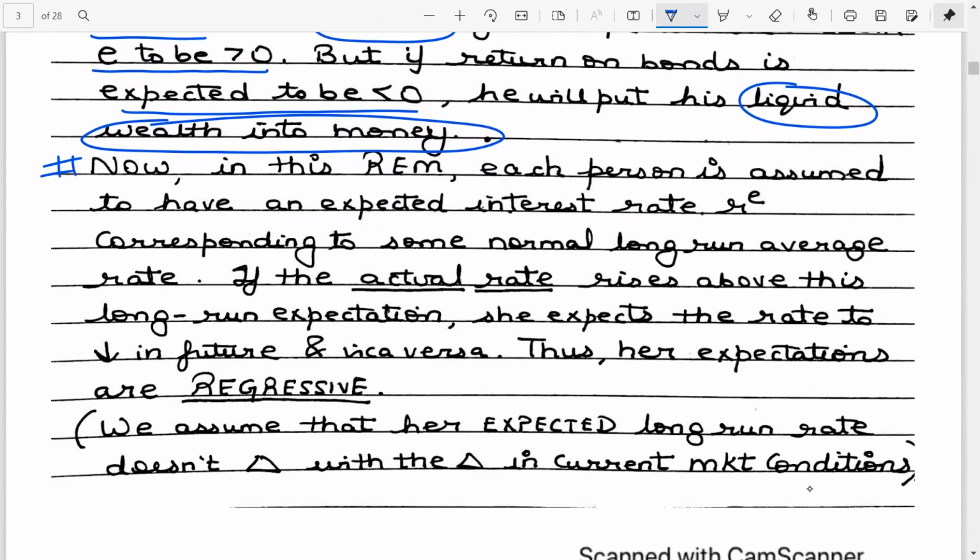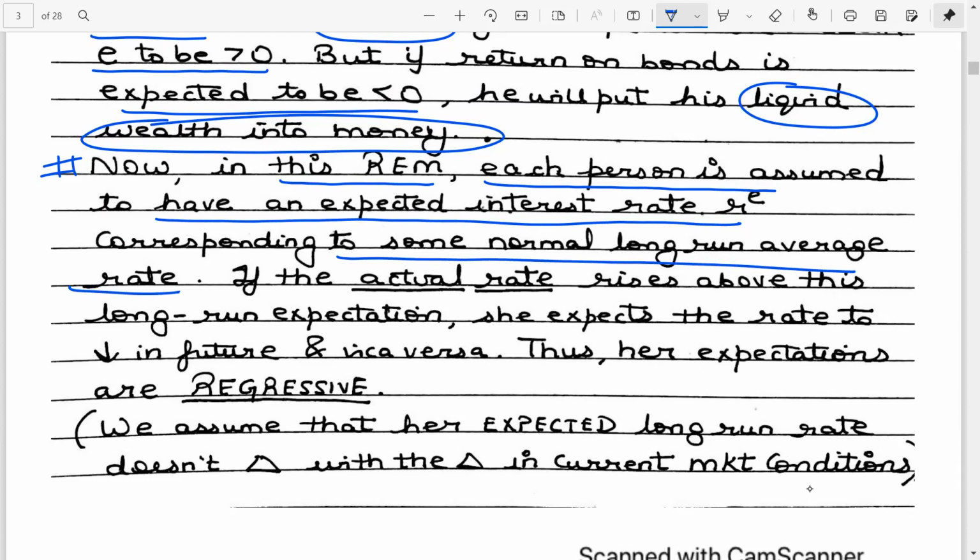Then we made this assumption, guys, that under the regressive expectation model, each individual is assumed to have an expected interest rate RE corresponding to some normal long run average rate. If the actual rate rises above the long run expectation, her expectations are regressive. She expects the rate to fall back.